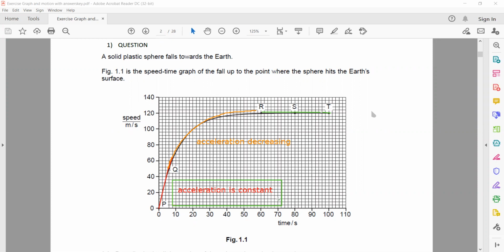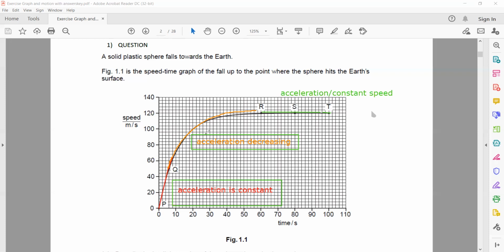The second part: acceleration is decreasing but the speed is increasing. And the third part: acceleration is 0 where the speed is constant. Because when the speed is not changing, the acceleration is 0.